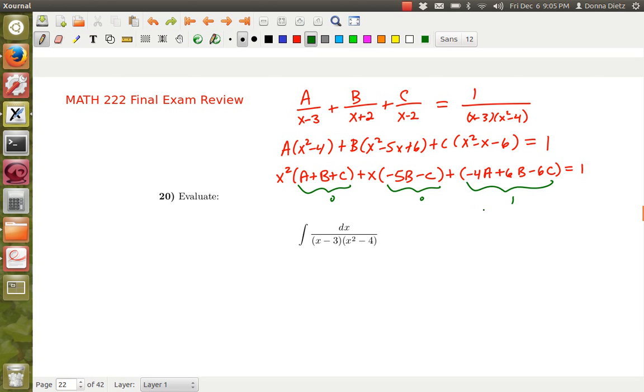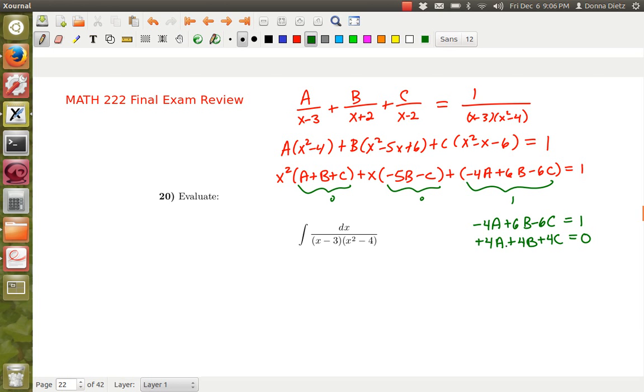I'm going to say minus 4A plus 6B minus 6C is equal to 1, right? But A plus B plus C is 0. So as long as we add or subtract the same number of A's, B's, and C's, that's like adding 0.